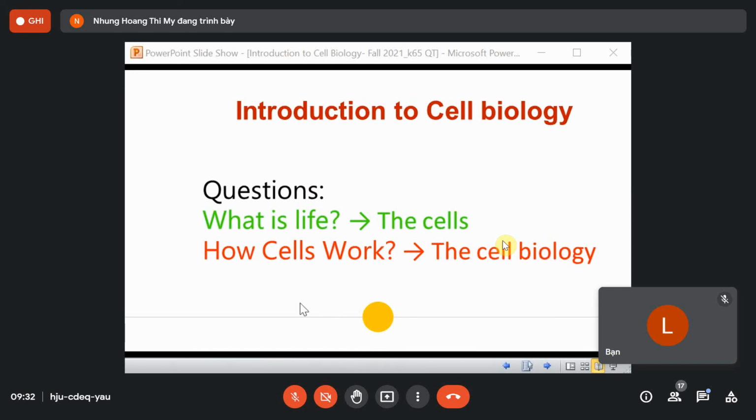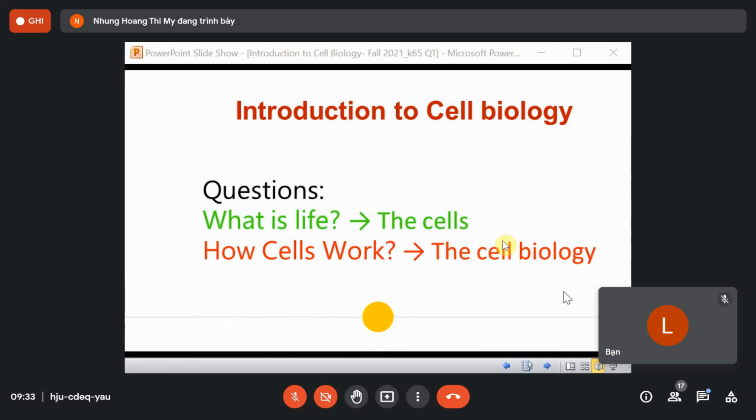So cytology, in fact, is about the description of the cell. That means they will tell you what a cell is, how many organelles it contains, where the organelles stay inside the cell, and what the function of the cell is. But cell biology tells you not only about the cell structure, but also about the cell function, the cell activities, the cell behaviors, and how the cell works.